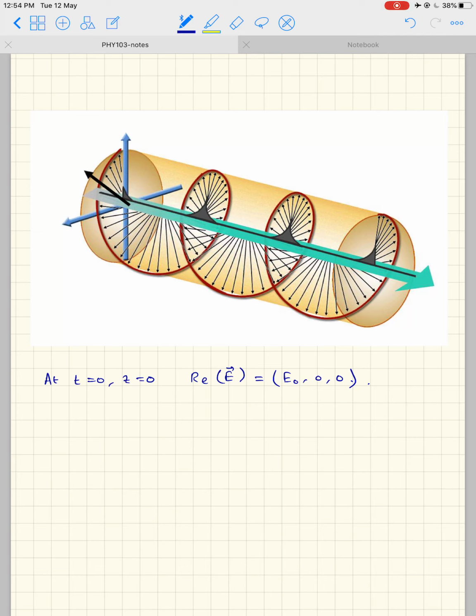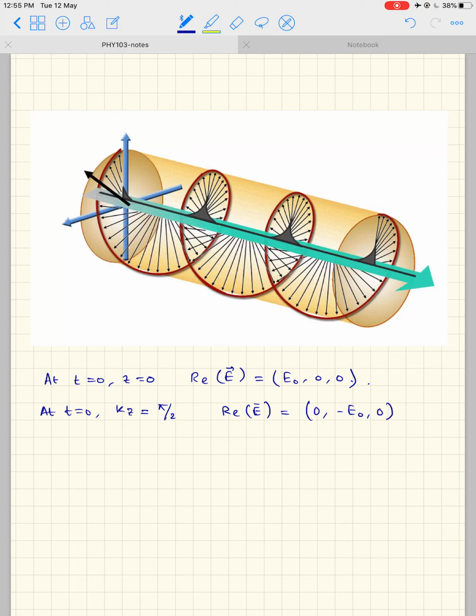If you move along a little further, when kz is equal to pi over 2, still at t equal to 0, then the real part of E becomes 0, minus E naught, 0, which points in the negative y direction.